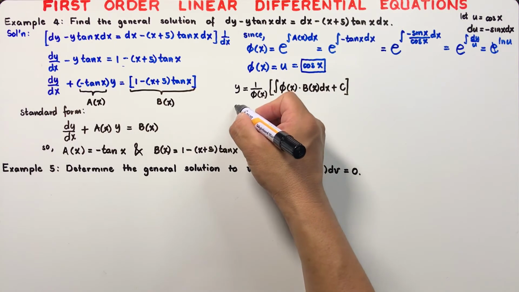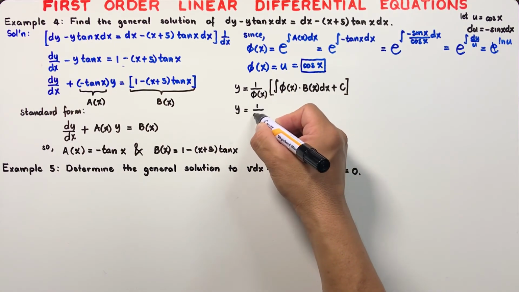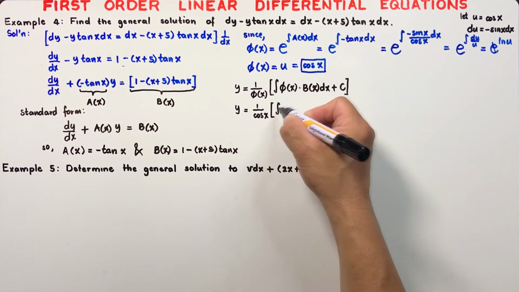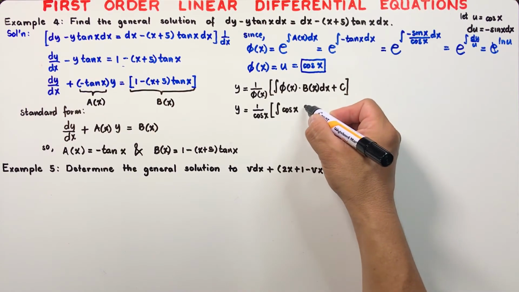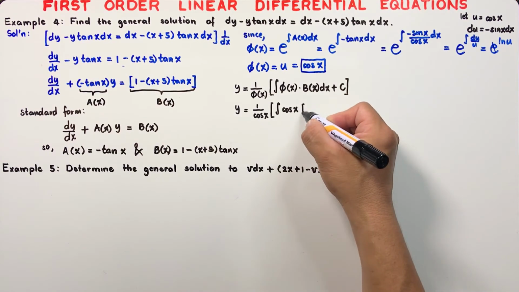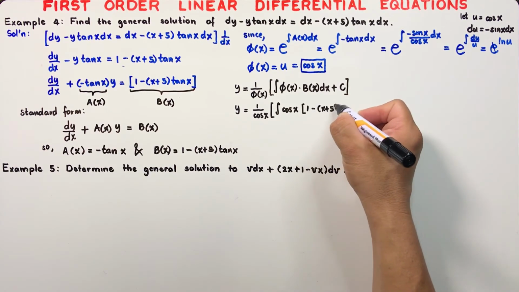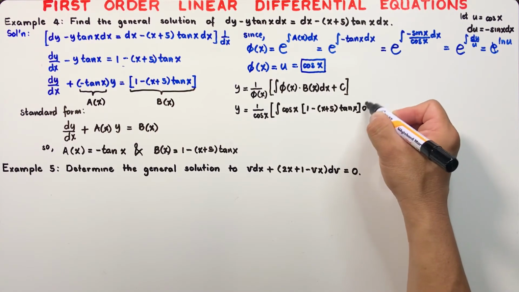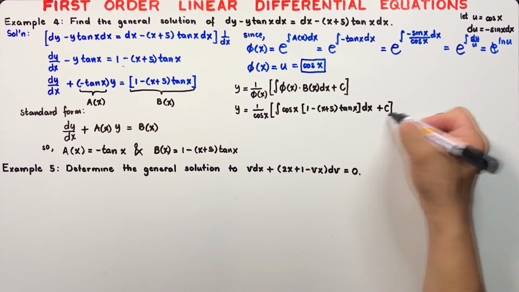So we have y, which is equal to 1 over cosine x times the integral of cosine x times the b of x, which is 1 minus the quantity of x plus 5 times the tangent x dx, plus the constant of integration c there.